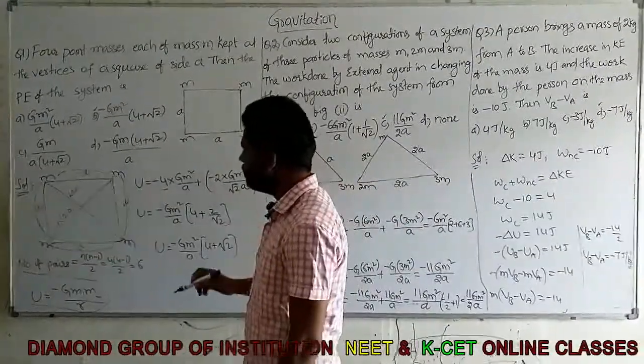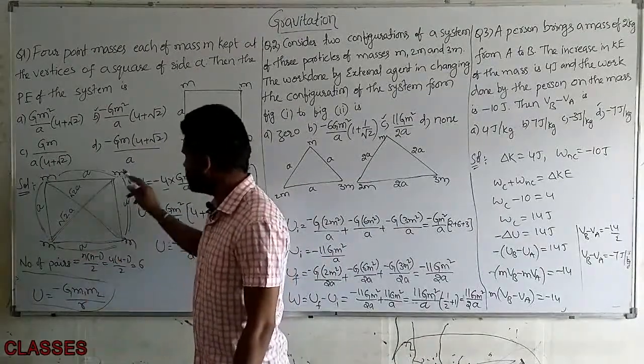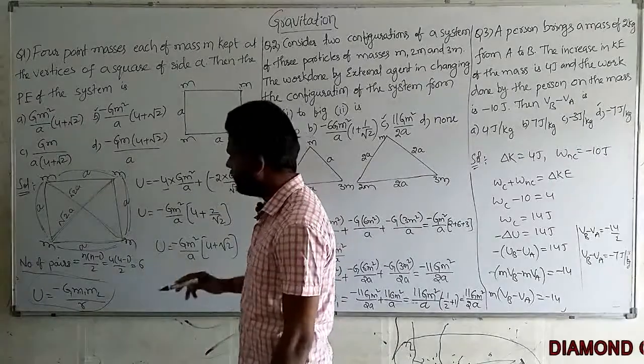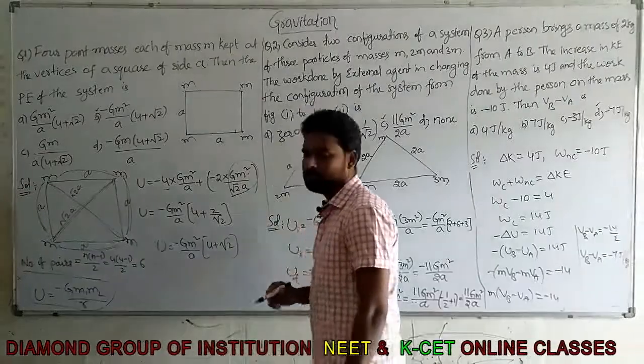I am writing 2 into the potential energy between these two: minus G m1 m2, m into m, G m square, by the distance between these two, root 2 A. This is minus G m square by root 2 A.